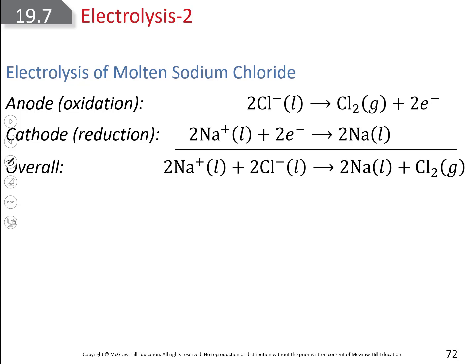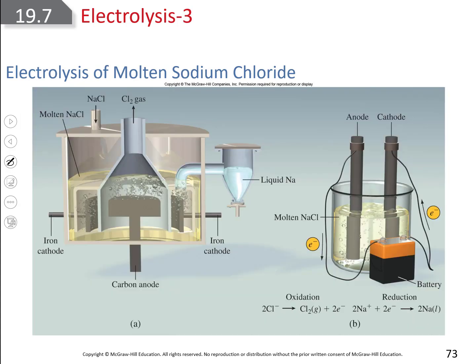Get that gas out of there fast, because chlorine gas, is that something you want to breathe? No, so this is not something you should do at home because it produces chlorine gas. Meanwhile, the sodium ion is going to be reduced, gains electrons back, to just pure liquid sodium. That pure liquid sodium we can then cool down and end up with just the sodium in a solid state once we very slowly cool it down.